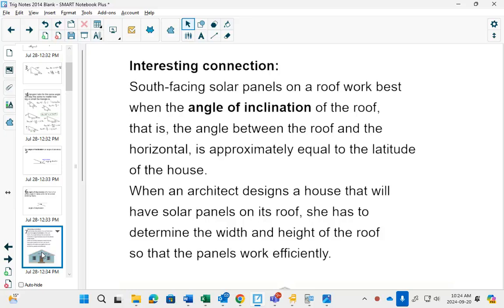Because depending on where you are, the higher up you are, the lower the sun gets. So you would need your solar panel more straight on, because you want those sun rays to come straight in to your solar panel. It's not a very good idea, for example, to put solar panels in your basement, because the sun doesn't hit it, or to have it on the north side of your house.